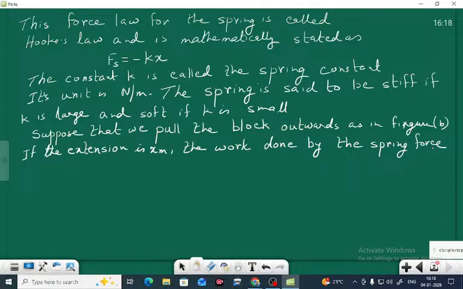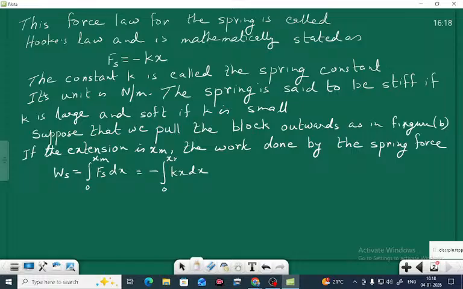The work done by the spring force will be Ws is equal to the integration from 0 to xm of Fs dx. Fs is equal to minus kx, so we put the value, minus kx dx, in the limit 0 to xm.